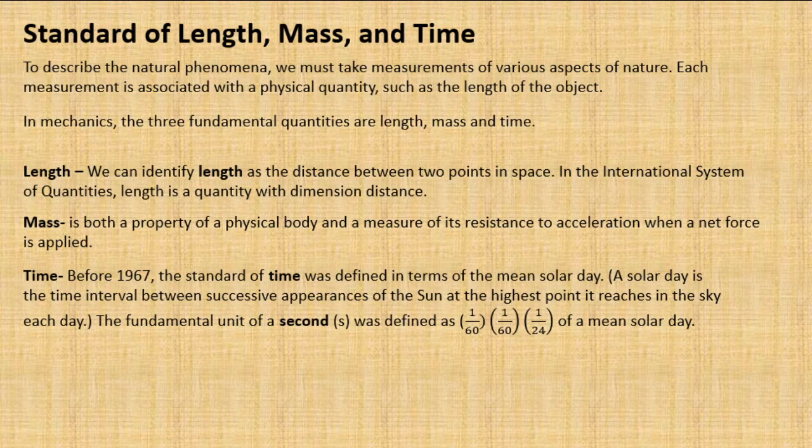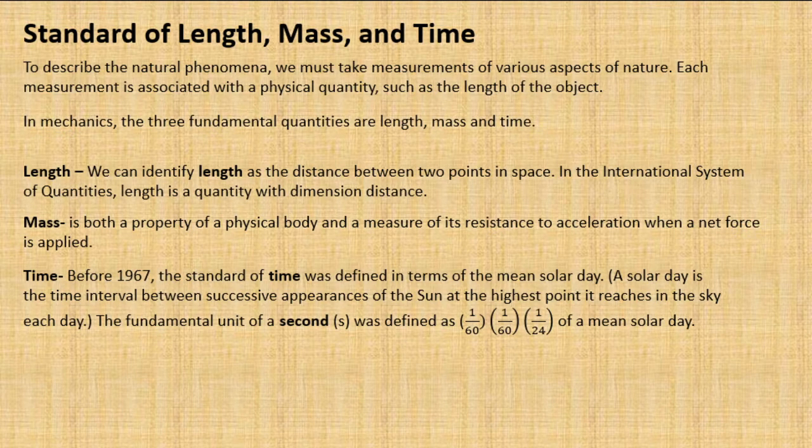So time before 1967, the standard of time was defined in terms of the mean solar day. A solar day is the time interval between successive appearances of the sun at the highest point it reaches in the sky each day. So the fundamental unit of a second was defined as 1 over 24 in a day we have 24 hours, and in 1 hour we have 60 minutes, so 1 over 60, and 60 minutes we have 60 seconds, diba?